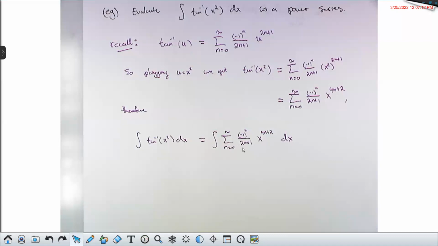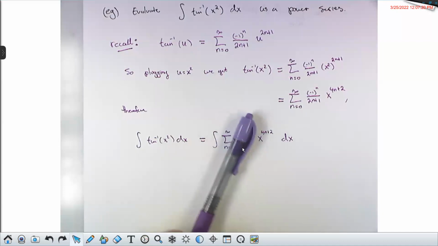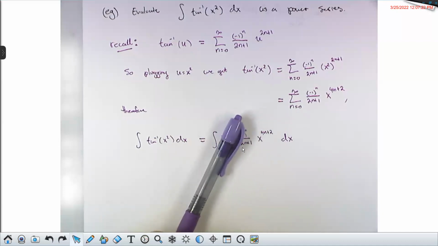Very similar to how, when you differentiated a power series, the derivative only sees the x's, the integral only sees the x's also. So the integral just sees an x to the 4n plus 2. That's a power rule integral. I'm integrating dx, so all I see is him. I can't see anything under the pen. All the integral sees is this.